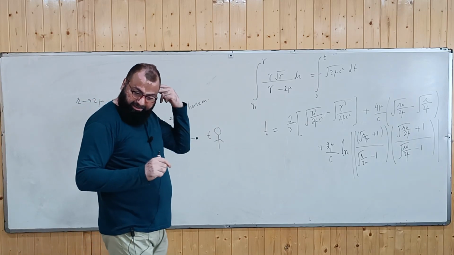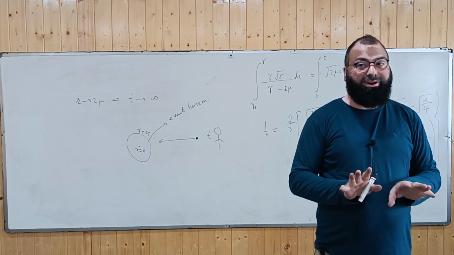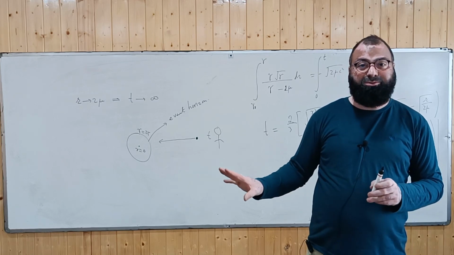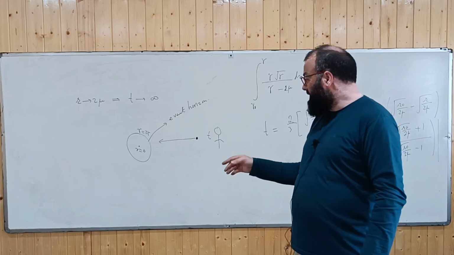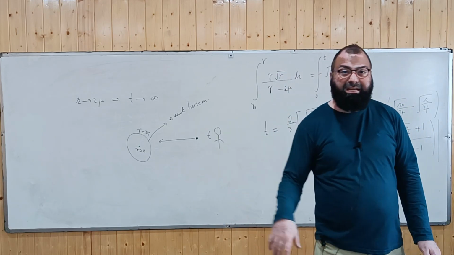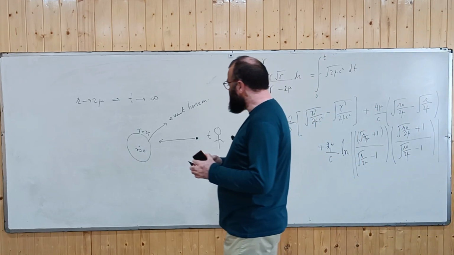For the time being, we will restrict ourselves to r greater than 2 mu. We will take r less than and r equal to 2 mu later on, in the next lecture. So now let's ask the question.